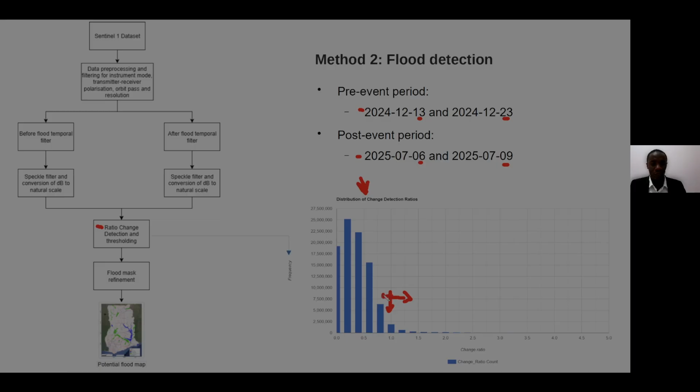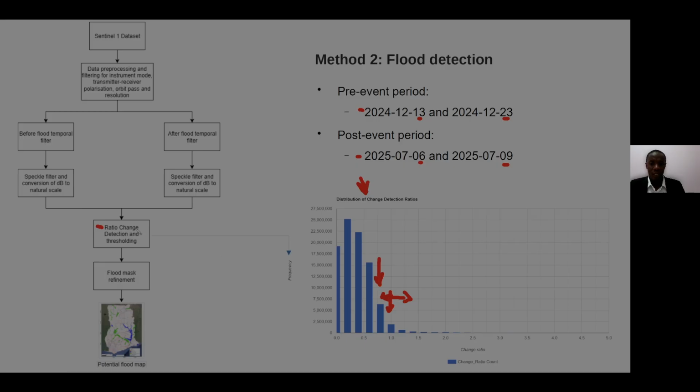And then a value less than 1 indicates that there was a reduction in the intensity of the signal. And so here we can see that most of the signals have a reduced signal, indicating the presence of surface water bodies. And then after using this frequency distribution, we then defined a threshold of 0.75 instead of 1 in order to make room for reductions due to other causes such as the change in maybe land cover features and those kinds of stuff.